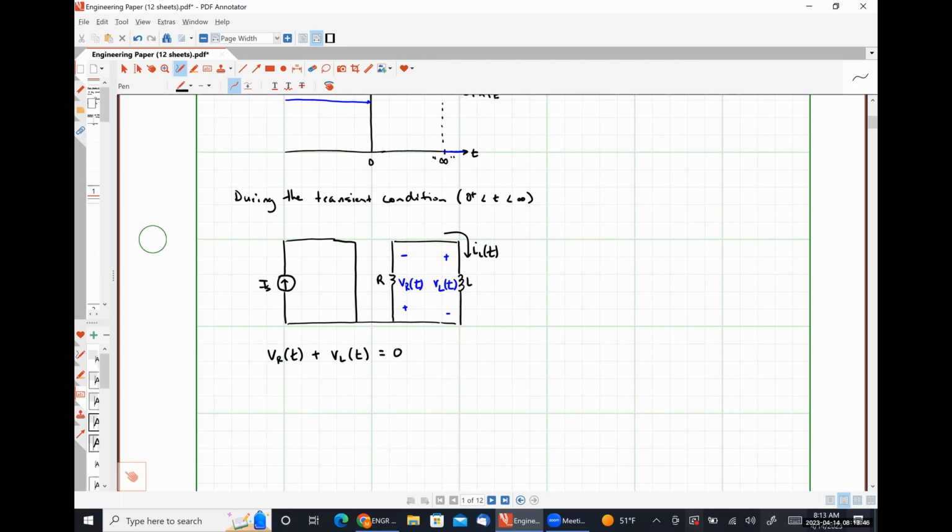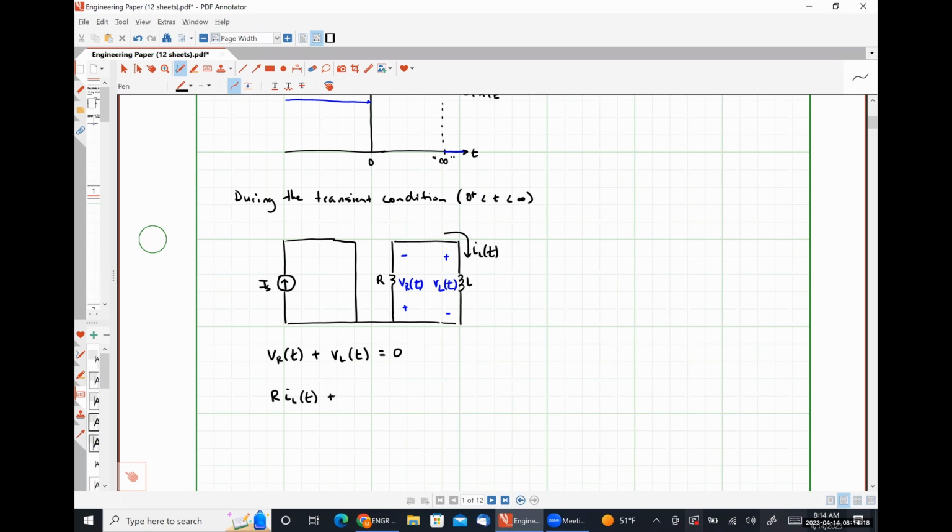I can express both of those voltages in terms of that common current I that's flowing around that loop on the right-hand side. So for my resistor, I simply have Ohm's law that describes that relationship, right? V is equal to I times R. So I could call this R times IL of t.